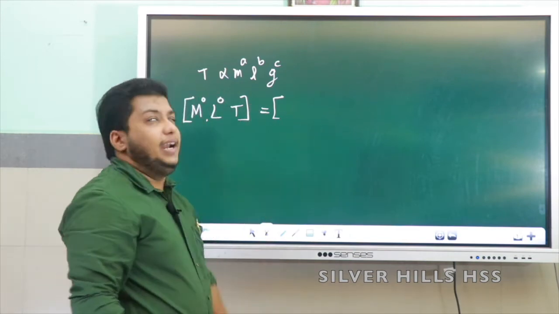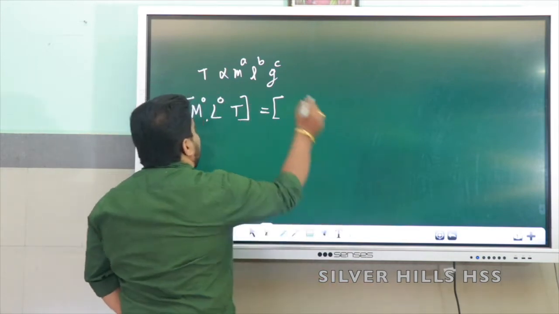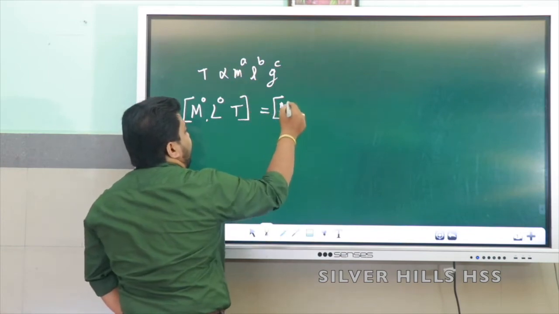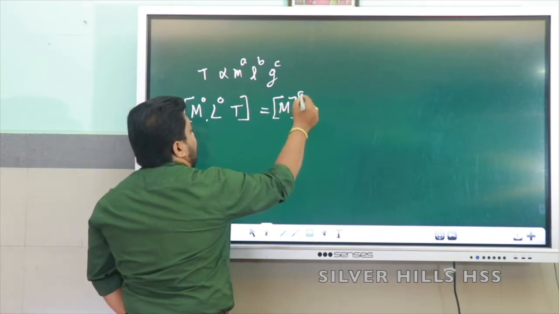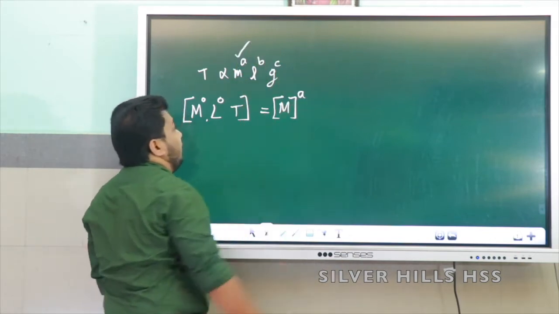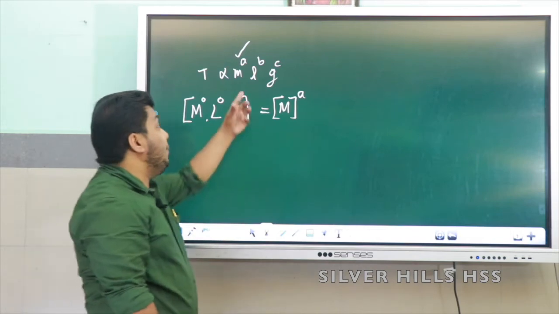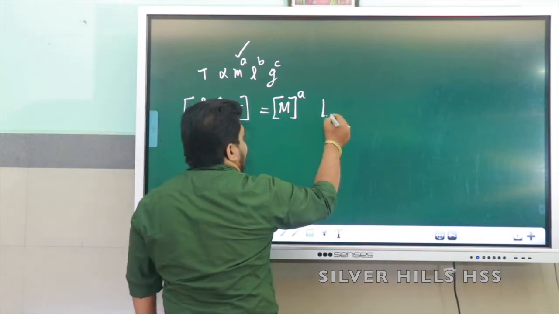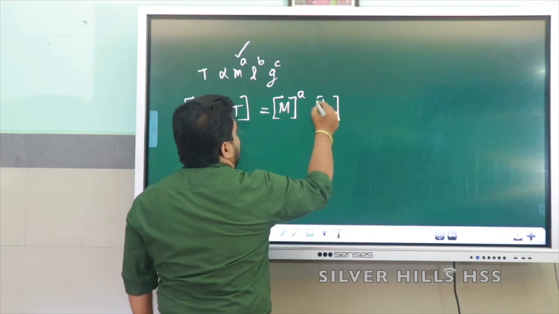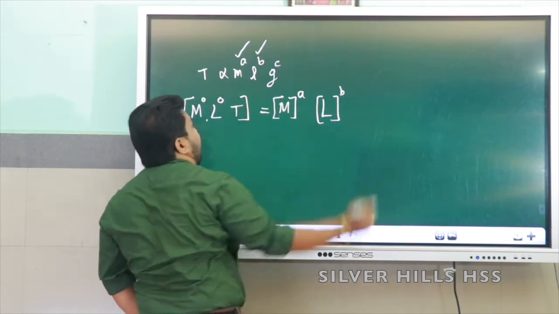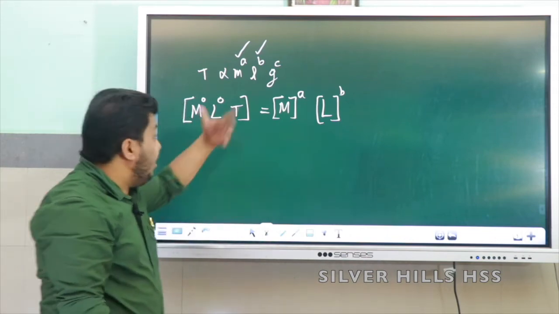On the right side we have to take the dimensions. The dimension of mass is nothing but M raised to a. The first quantity is over. The dimension of length is L raised to the power b. So the second quantity is ready. And the third thing is g.